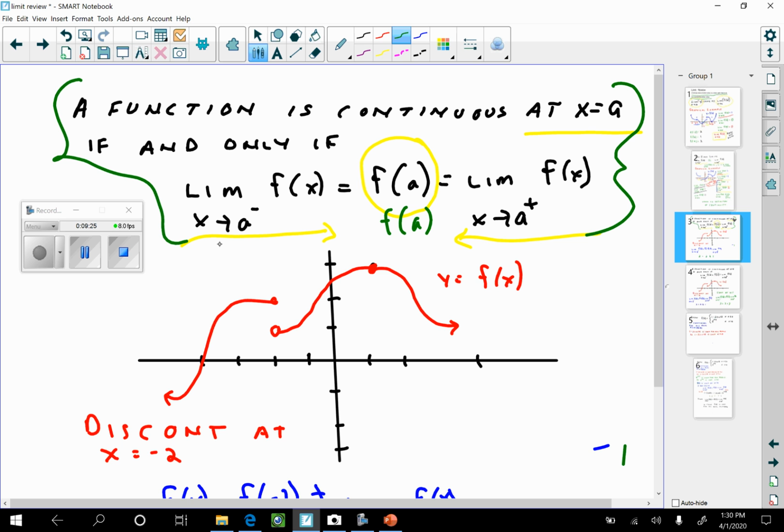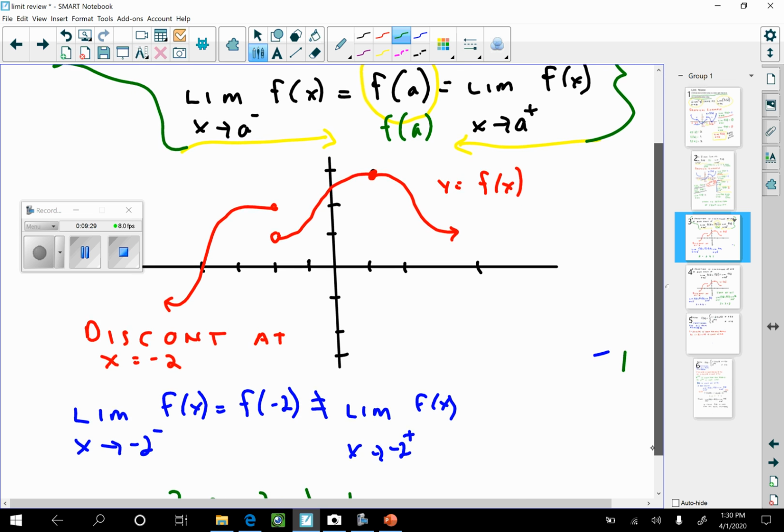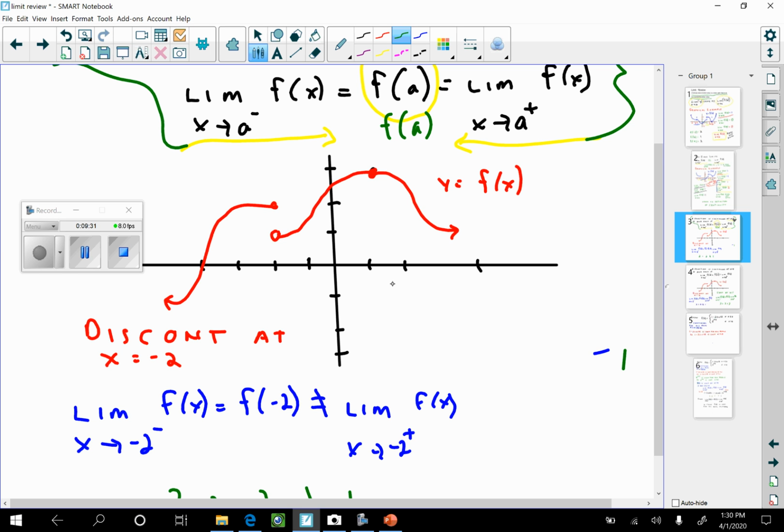Okay? So let's see here. Let's do an example here. Why is this function discontinuous? We could do the pre-calculus definition. This function is discontinuous at -2 because when I'm sketching the graph, I have to pick my pencil up. And this thing is continuous at 1. I just put that point there because I don't have to pick my pencil up.